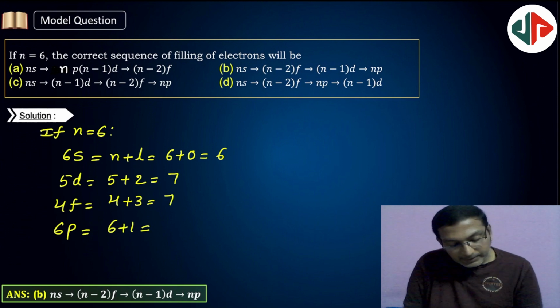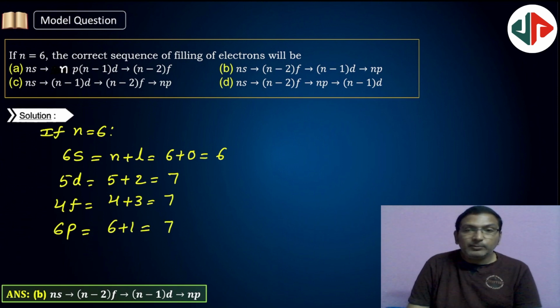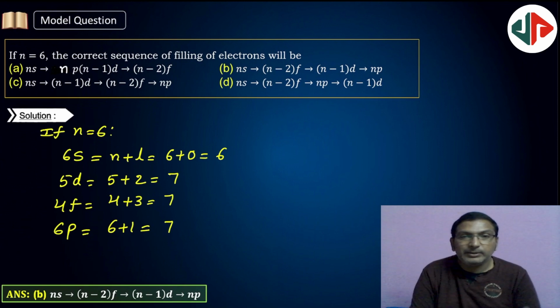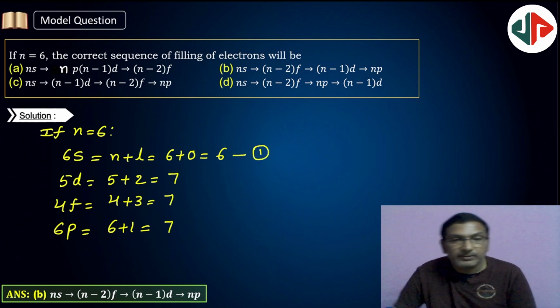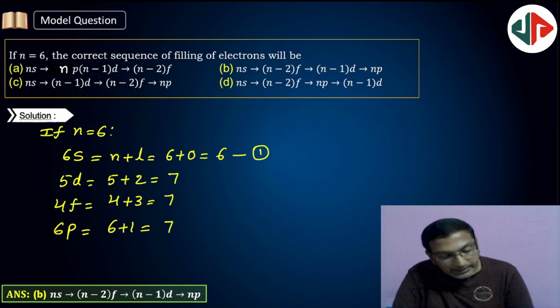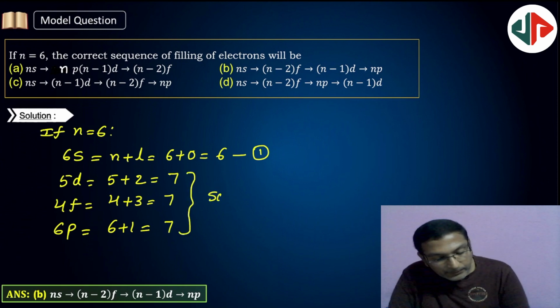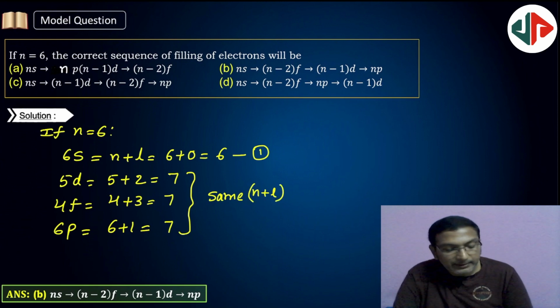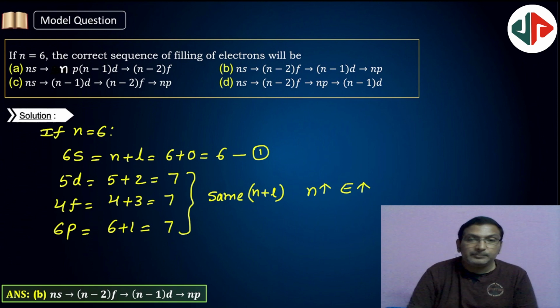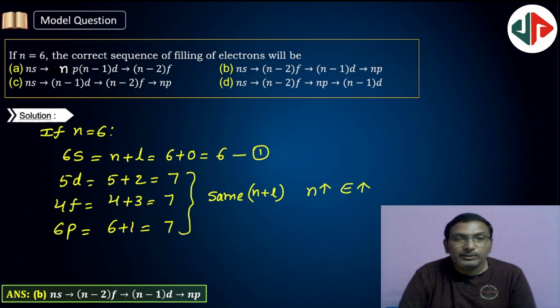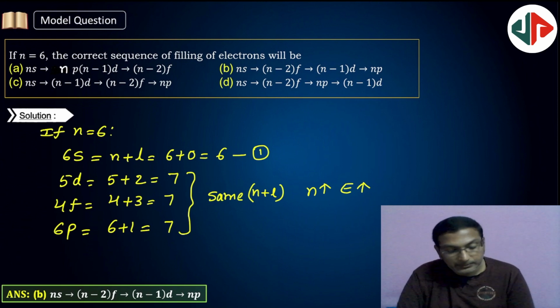6 plus 1, 7. So according to the Aufbau principle, an electron first enters the subshell which has the lower n plus l value. So first 6s will be filled. Next, these three have the same n plus l value. Same n plus l value means same energy. Then compare the n value. If n increases, energy increases. The electron enters the subshell which has the lower n value.